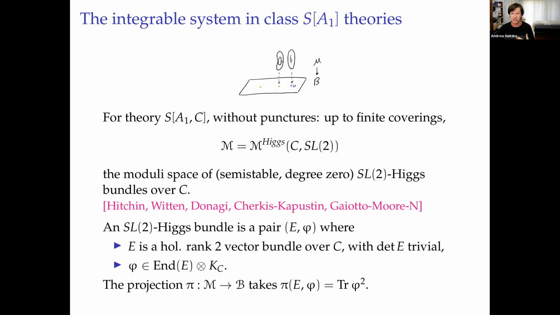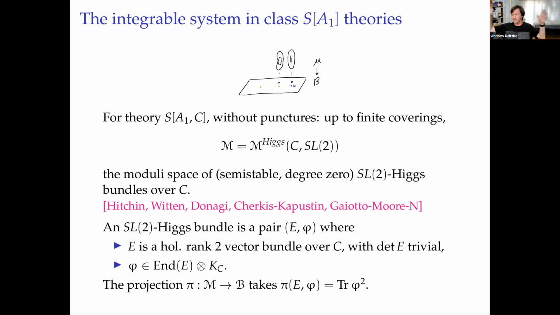It's the moduli space of SL2 Higgs bundles over the surface. I wrote here the definition of an SL2 Higgs bundle. It's a pair E and phi, where E is a holomorphic rank 2 vector bundle over the surface with trivial determinant, and phi is a holomorphic one-form valued endomorphism. So phi is a section of End(E) tensor K_C.